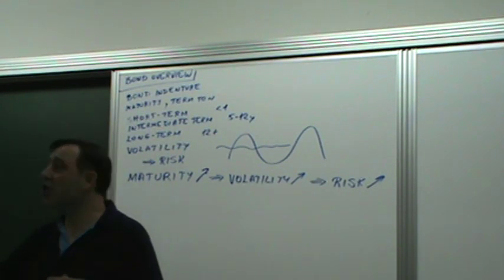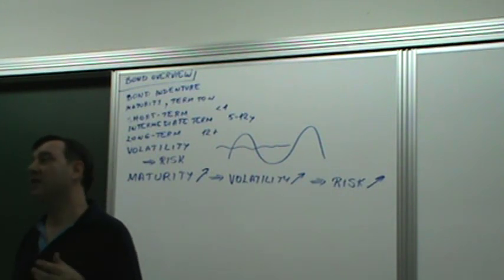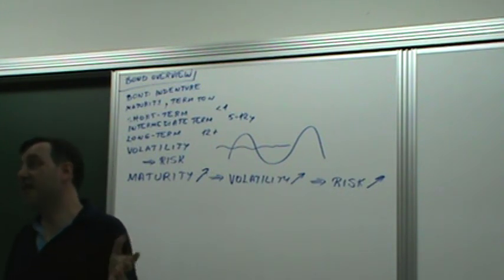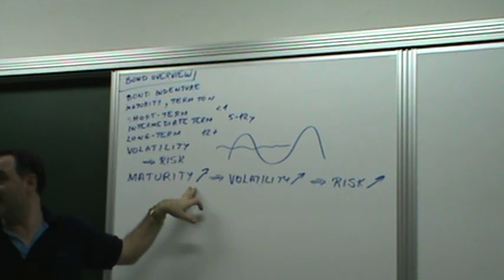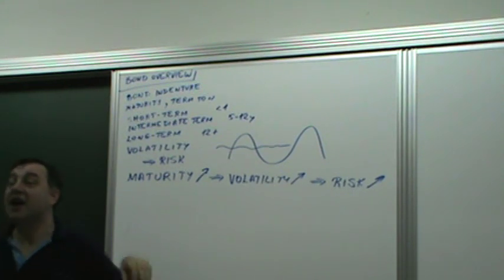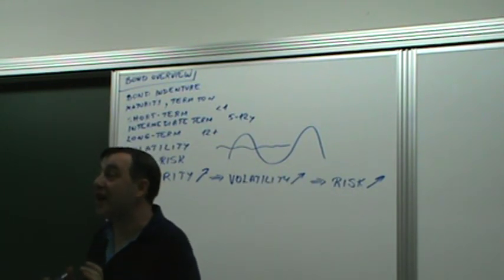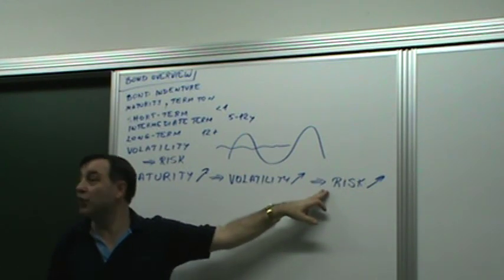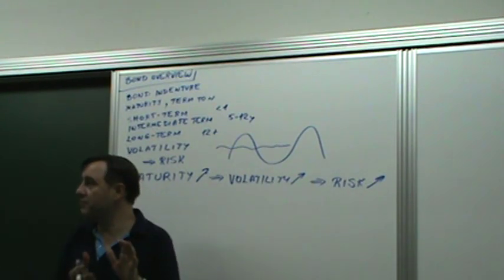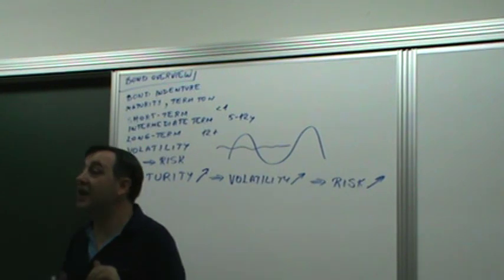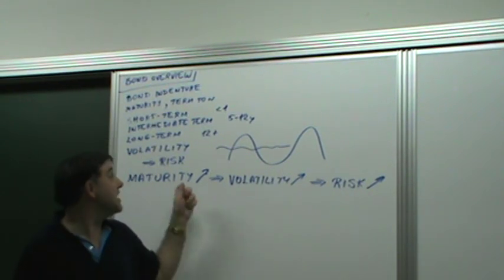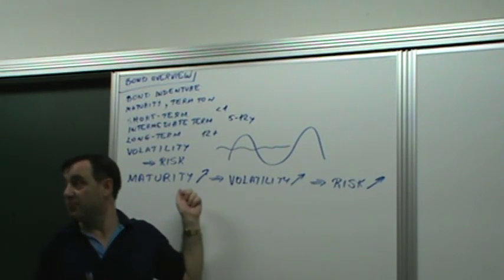So longer term bonds are riskier. That's it. That's the basic relationship. That's why those investors that are relatively risk averse will be choosing shorter term maturities, and those that are willing to accept higher risk will be taking longer maturities.